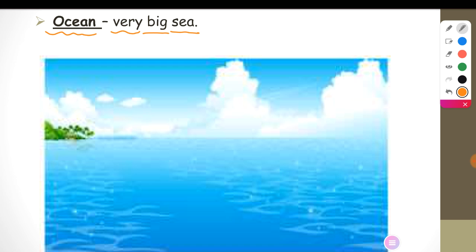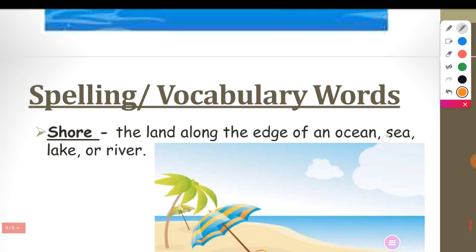The world is surrounded by oceans. So a sea is only a part of the ocean. Do you understand?